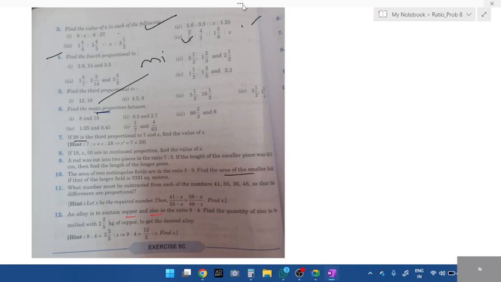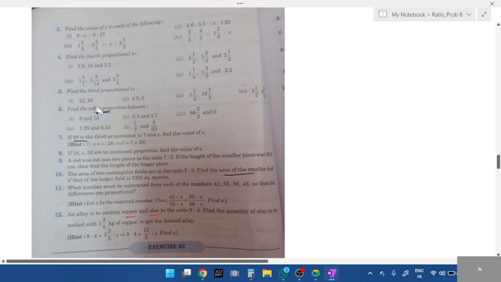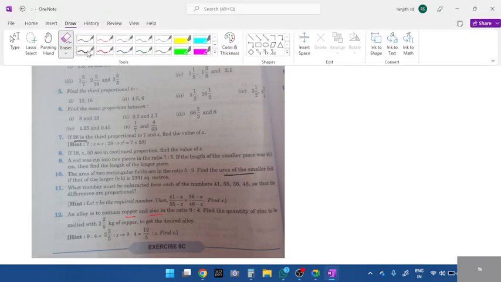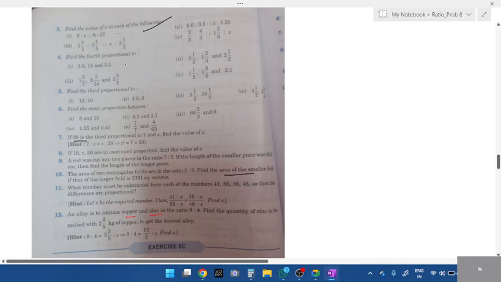Okay, Amani, can you respond? Are you there online? Yeah, respond, Amani. Unmute and respond. Do you know this fourth main? Fourth proportion. What do you mean by fourth proportion? How many values will be given? What do you take the fourth one as?